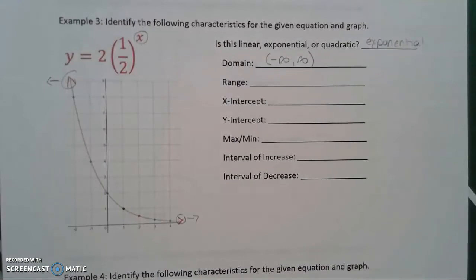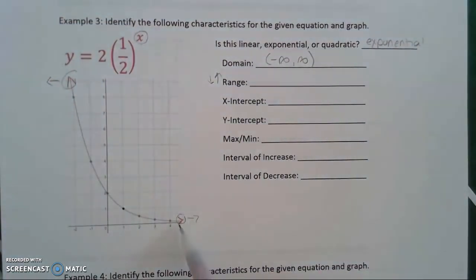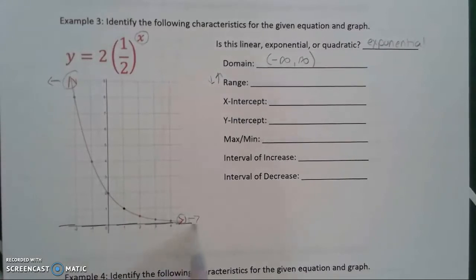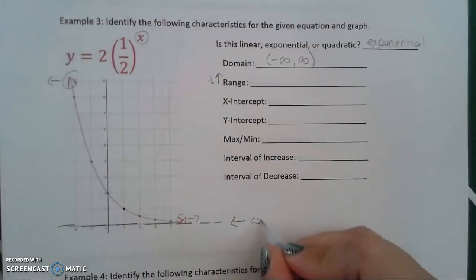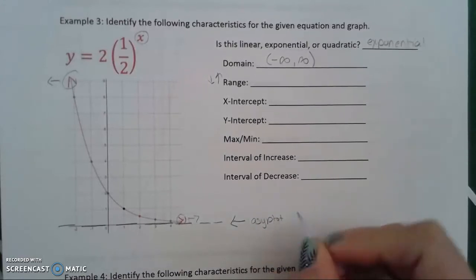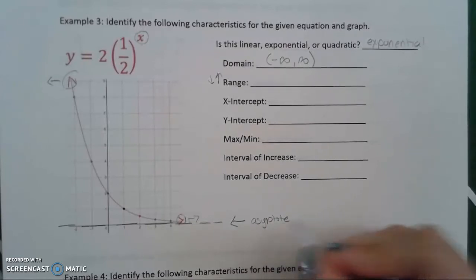The range of this, remember range is y, so we're looking down and then up. Okay, be careful. This is going to go down forever, but is it going to ever cross this special imaginary line that we called our asymptote? Oops, asymptote, there's a P in there.